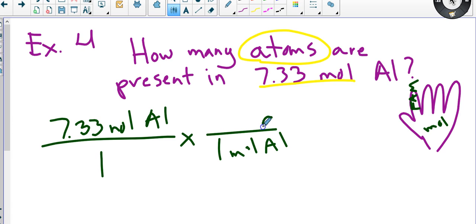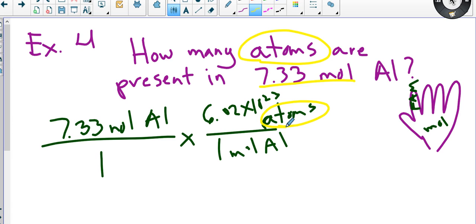Okay, so do you understand that it's going to be atoms? How many atoms are in a mole? Do I have what I wanted in the top right hand corner? Oh yes. So this one step, that's it. You're going to take 7.33 times 6.02 times 10 to the 23rd, and that's it.